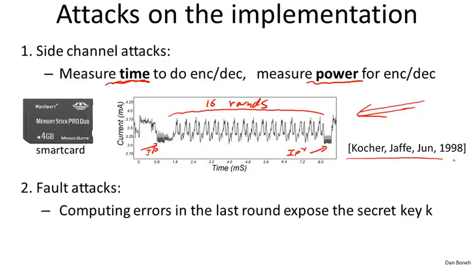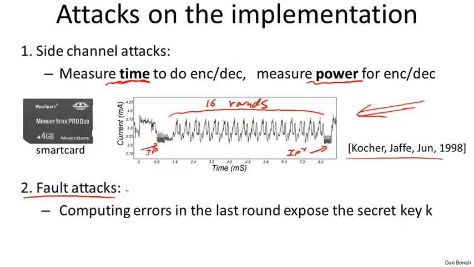Another type of attack that's been discussed in the literature is called a fault attack. Here, if you're attacking a smart card, you can cause the smart card to malfunction, perhaps by overclocking it, perhaps by warming it up. Essentially, you can cause the processor to malfunction and output erroneous data.